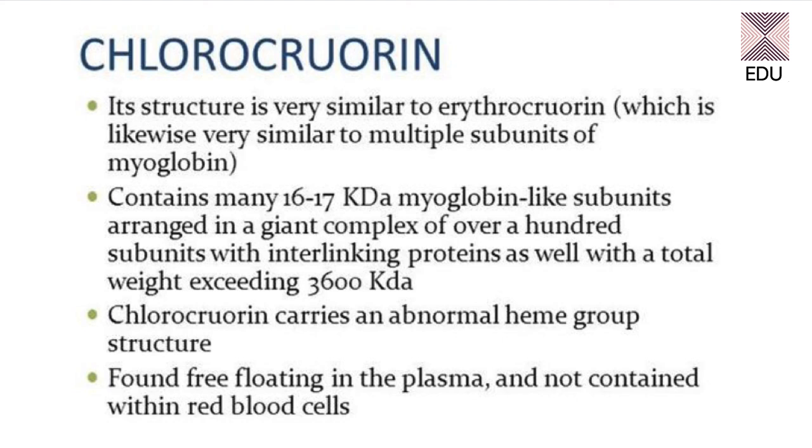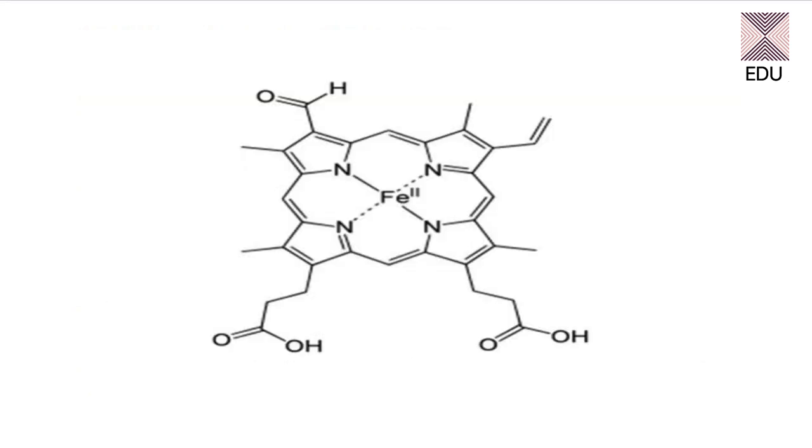Because it is not comparable to the structure of myoglobin. Chlorocruorin is found free floating in the plasma and it is not contained within the RBCs. That means it is found in the plasma only and not in the corpuscles. If we see the structure of chlorocruorin, it has iron in the very center, very comparable to myoglobin.